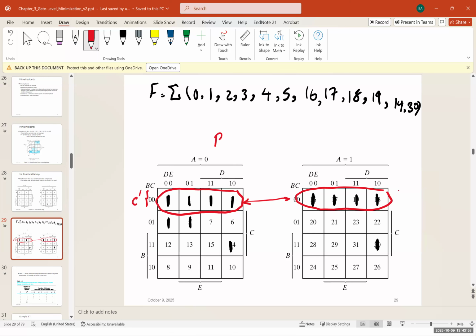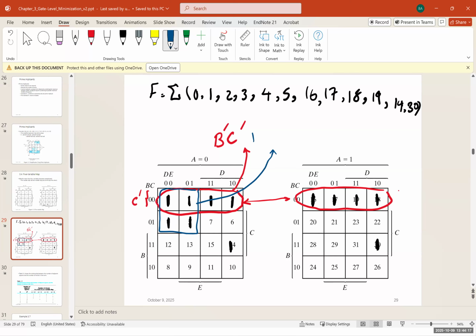So it's going to be B prime, C prime for the red one. And I have these two blue ones. It's better to combine them actually, so I'm going to combine these 4 together.